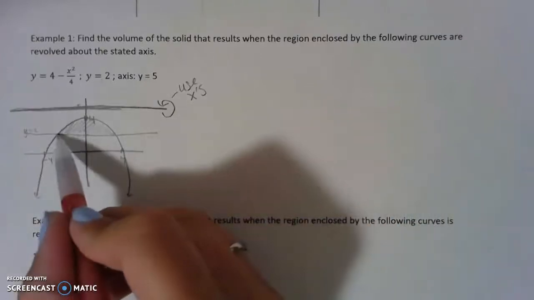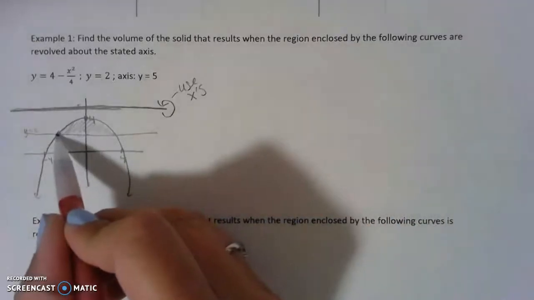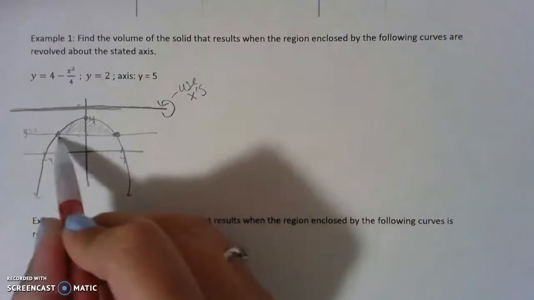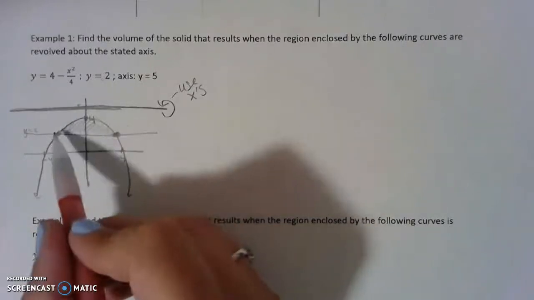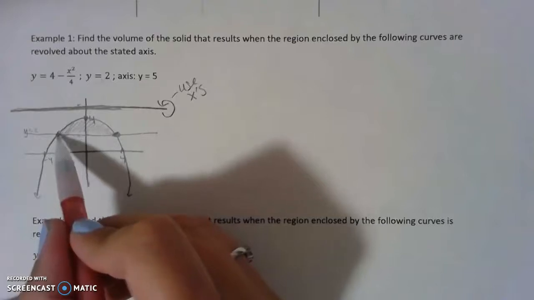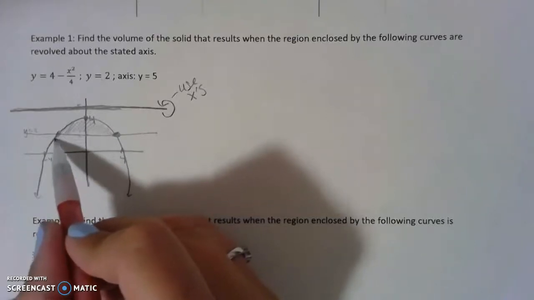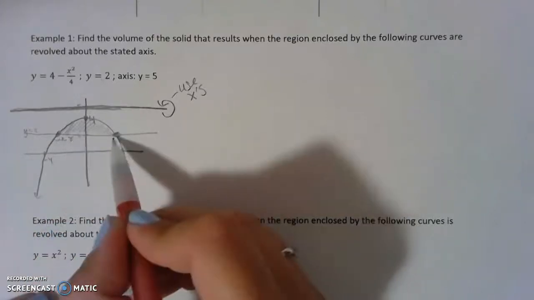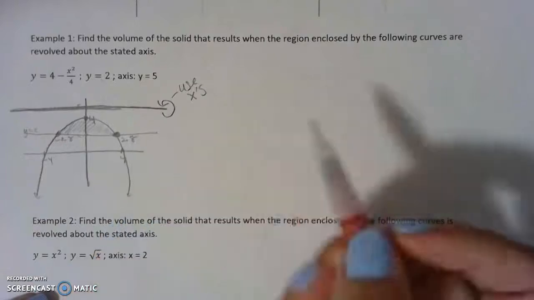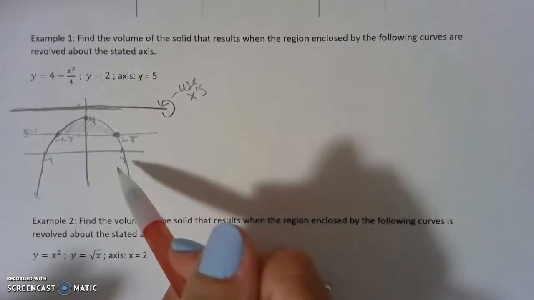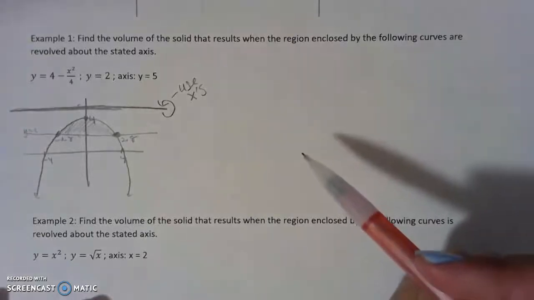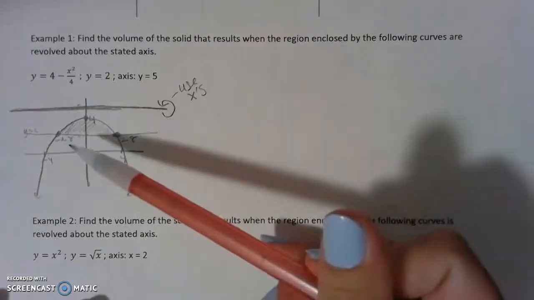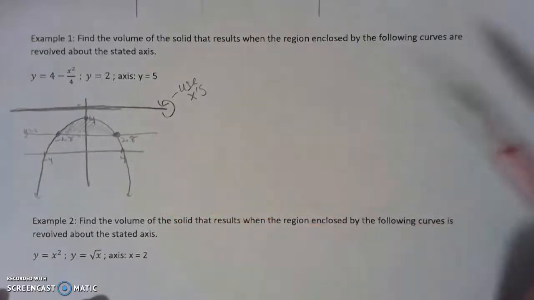That means we need to know the smallest x to the biggest x that this shaded area is using. We did that in the last one where we found that this was at the x value of negative 2.8 and this was at the x value of positive 2.8. I know my graph is not very scaled to show that, but you can find that intersection. So this is going to be our lower limit and that's going to be our upper limit.